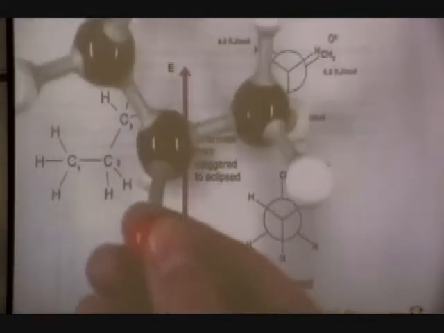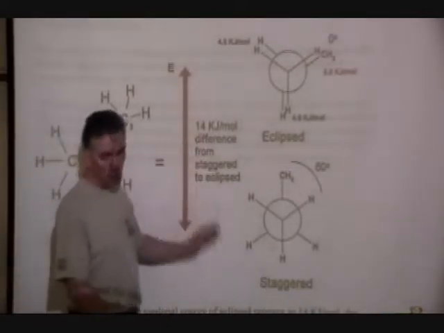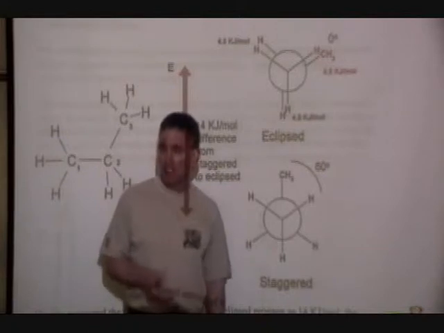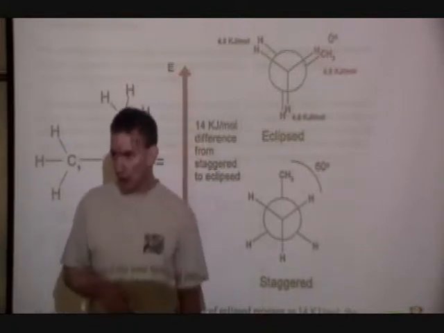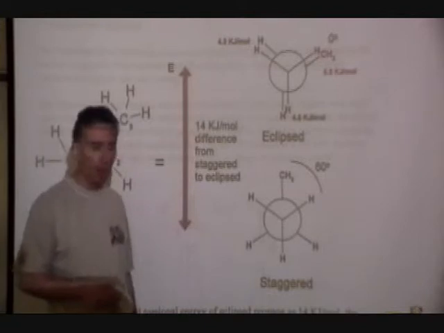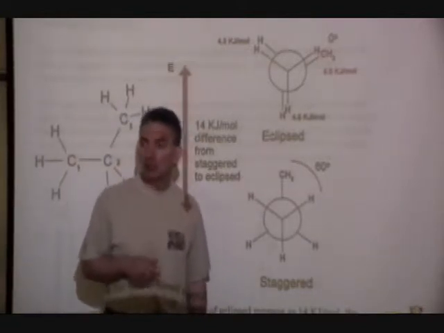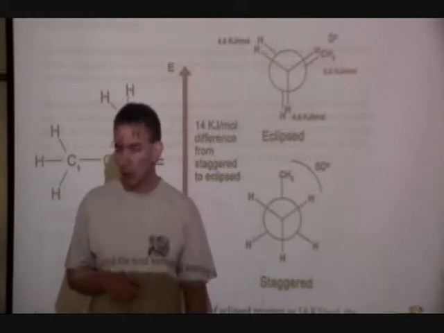So now I'm looking at a molecule of propane, and again looking down the carbon 1, carbon 2 bond in the molecule, and looking at the two extremes of conformation. And this time the difference between the two conformations has increased in strain energy. The last example was just 12 kilojoules per mole strain energy, but with the carbon to carbon bond in propane, it's actually increased to 14 kilojoules per mole.